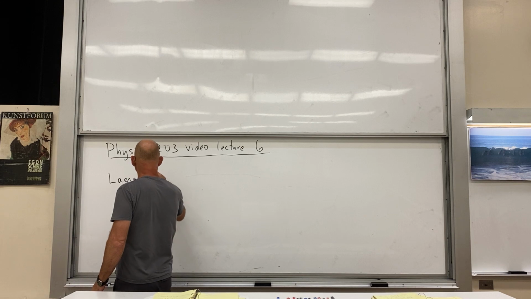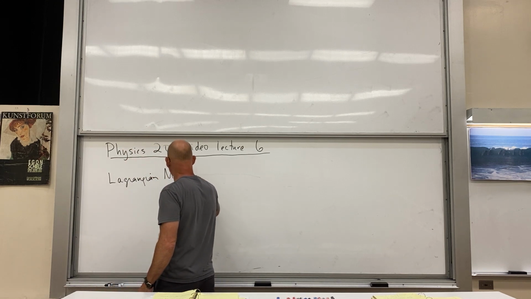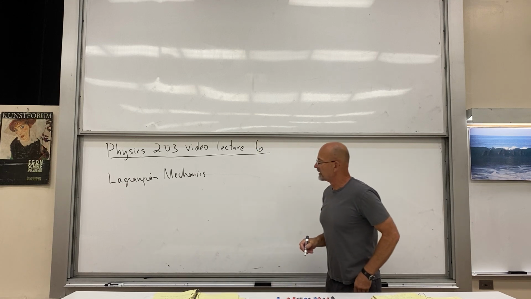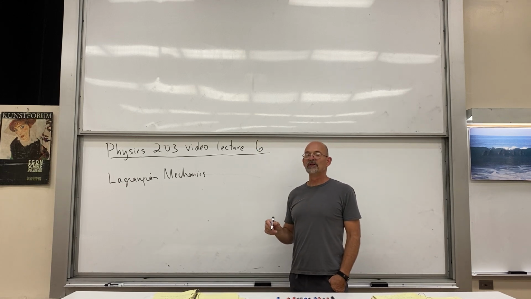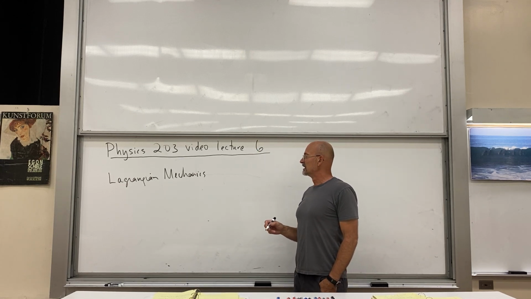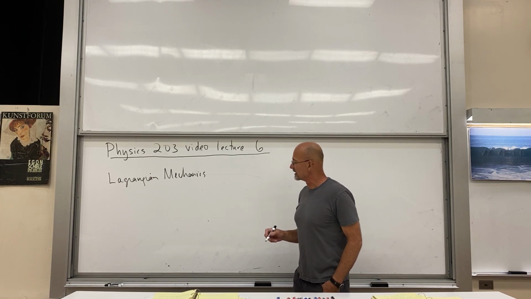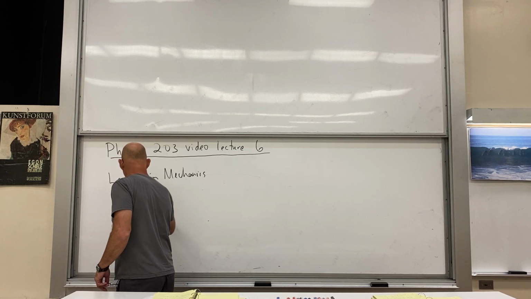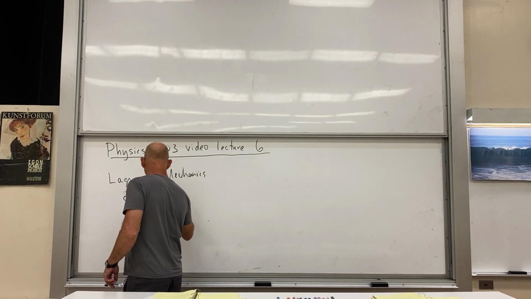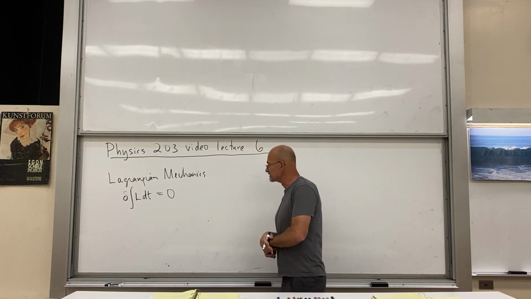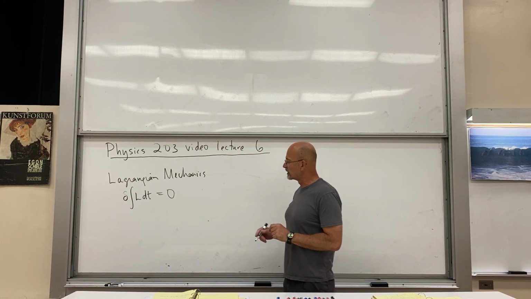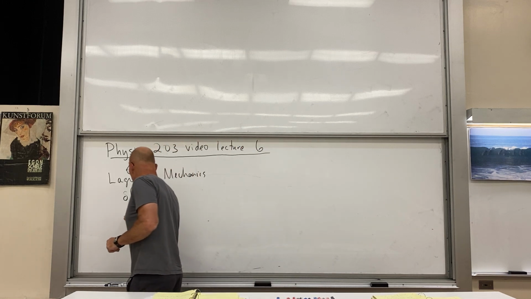So in Lagrangian mechanics, we've already done a few things. We've discovered that mechanics can be derived from a variational principle. So we have this that gives us the equations of motion, and we constructed some systems.